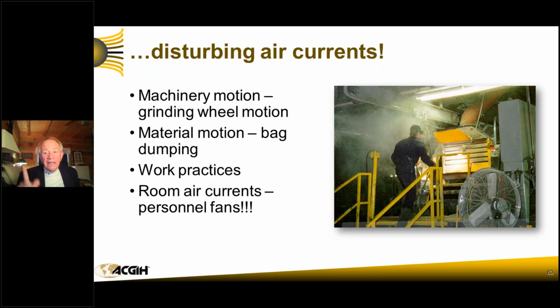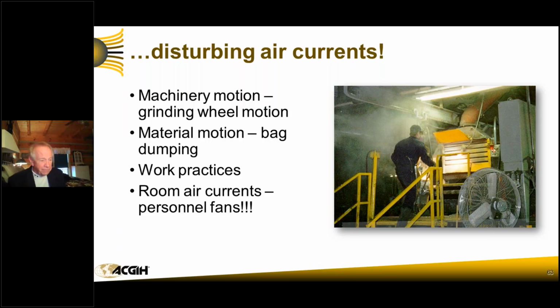Every one of these personnel fans has velocities in excess of 2,000 feet per minute. They can have a velocity of 200 to 250 feet per minute at 30 times the width. So for a 3-foot fan, that's almost 100 feet away. So air projected in motion stays in motion and blows the contaminant everywhere. That's the thing that is so important.